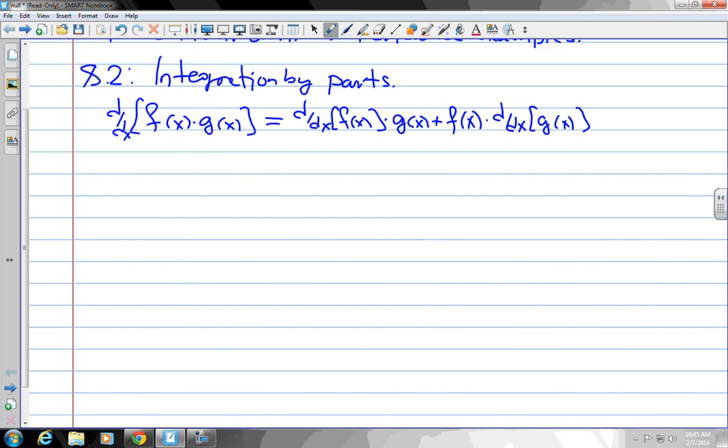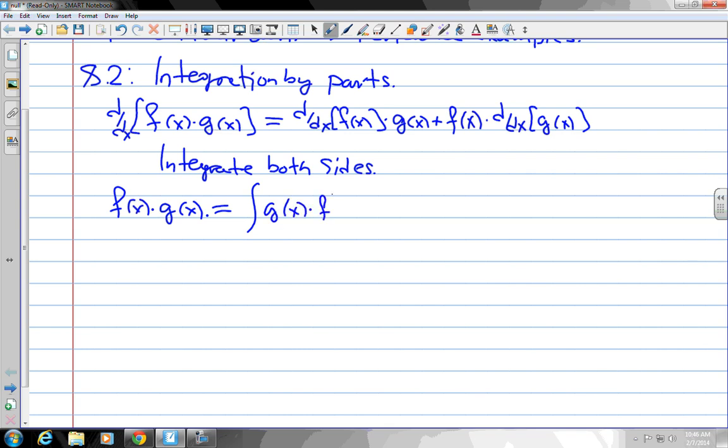Now, if I integrate both sides the way it's written, well, then the integral of the left is just going to be a product of 2 functions, right? So the integral on the left is going to be f of x times g of x, while on the right, I can express the right side as the integral of g of x times f prime of x dx.